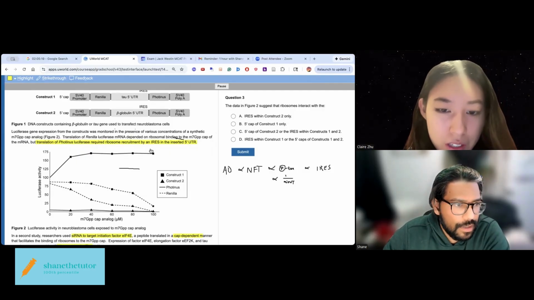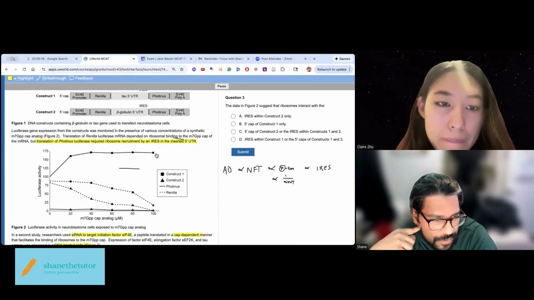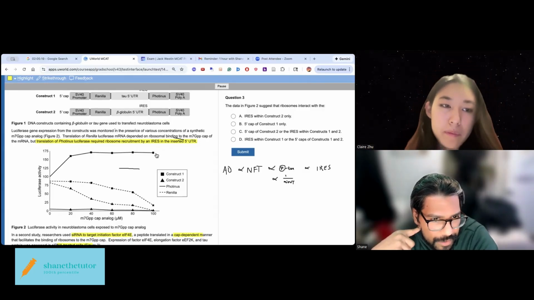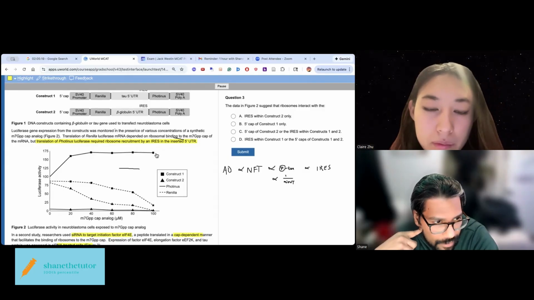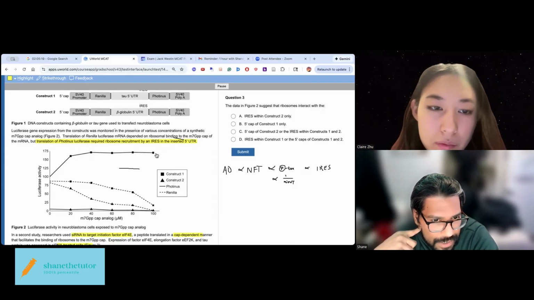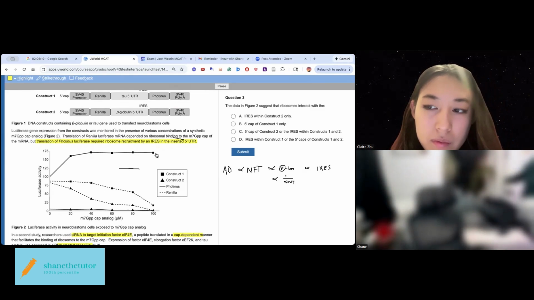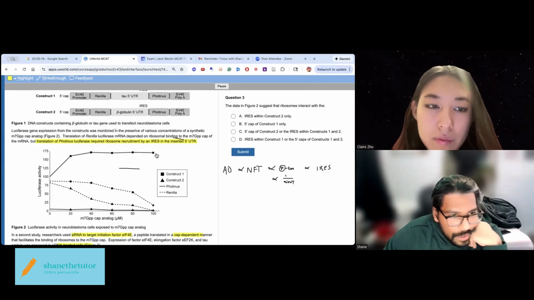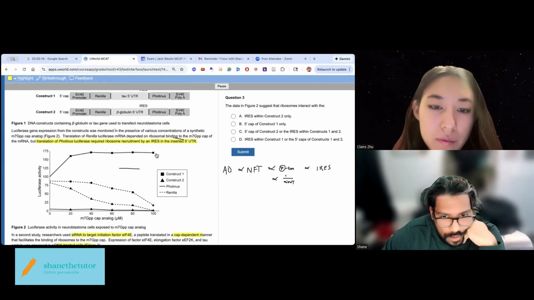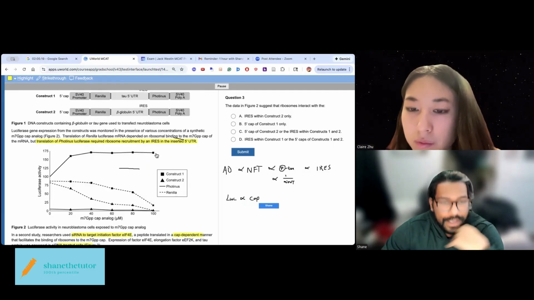Let me see this. Luciferase gene expression from the construct was monitored in the presence of various concentrations of the synthetic cap analog. Figure 2, translation of this depended on ribosomal binding to the cap. Okay, so the luciferase cap.